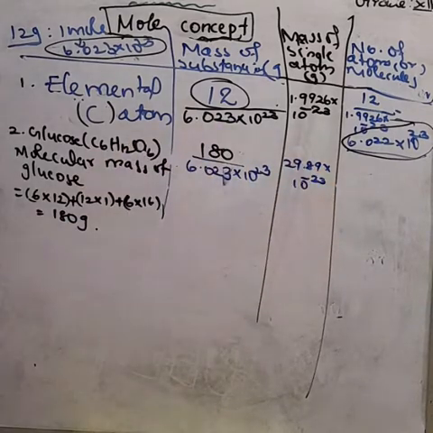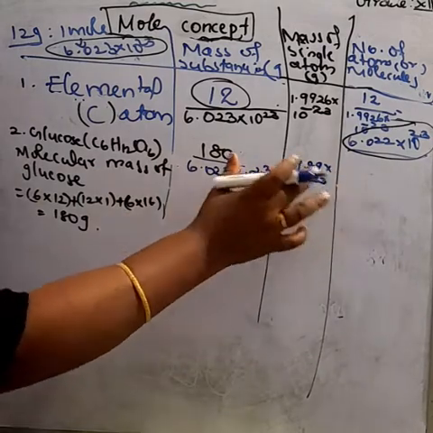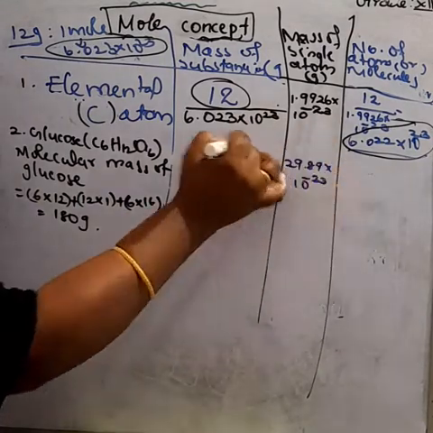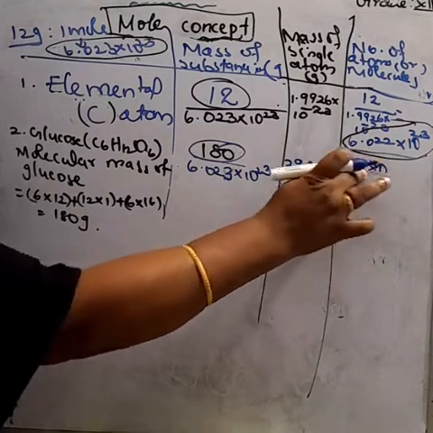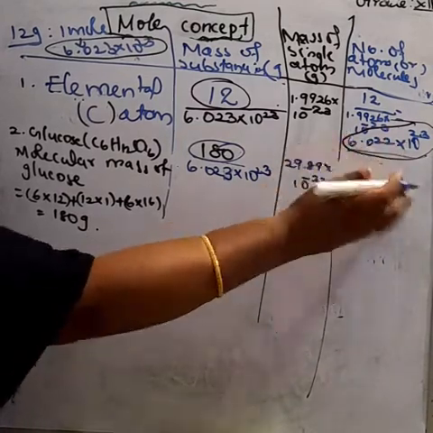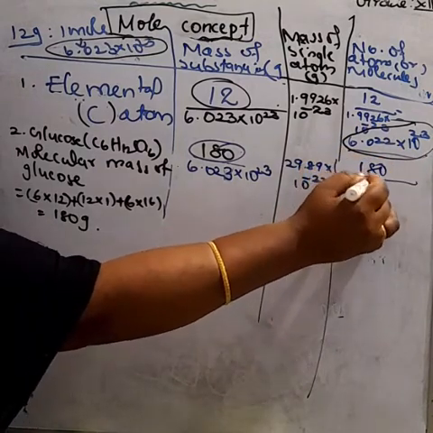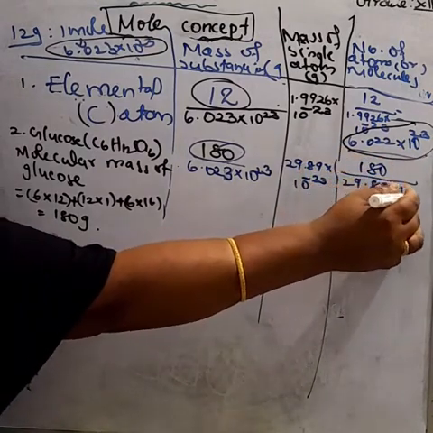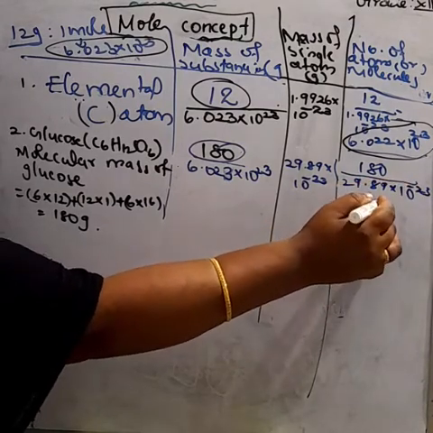So how many molecules are present? Number of molecules is equal to the mass of the substance, total mass, 180, divided by the mass of the single molecule, 29.89 into 10 power minus 23. When we divide these two, we get 6.022 into 10 power 23.